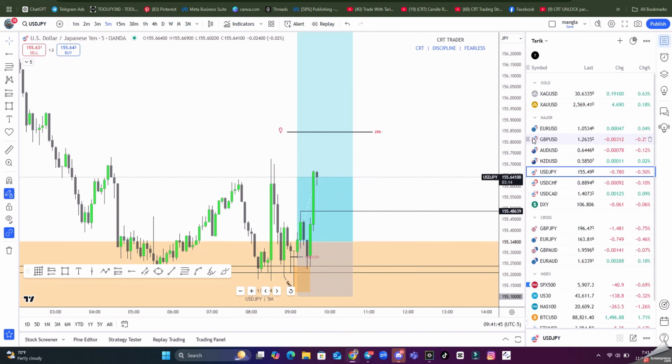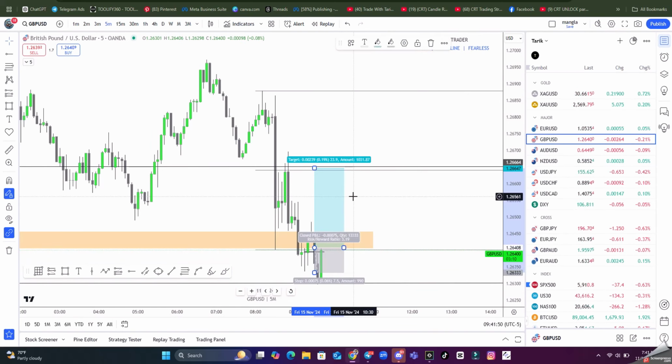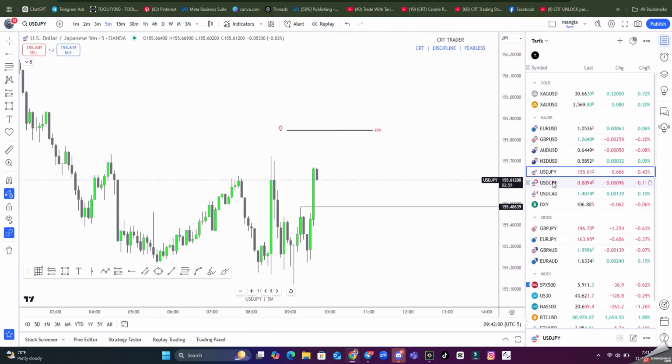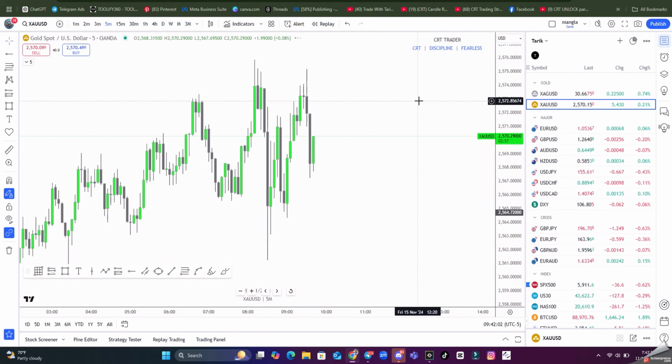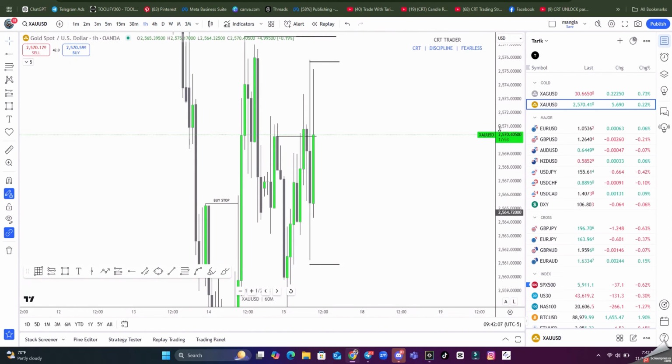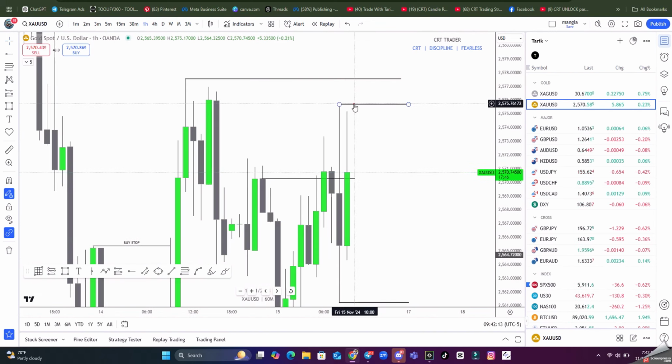See, still watching, GBP USD is also coming down, but today there is a very good opportunity regarding gold. We are watching it short, but we have to wait for that opportunity. Still waiting for the gold trade, our buy stop was taken out, and our range hasn't formed, so we will wait for the gold trade as well, and we will also mention it in the video if we get the trade.